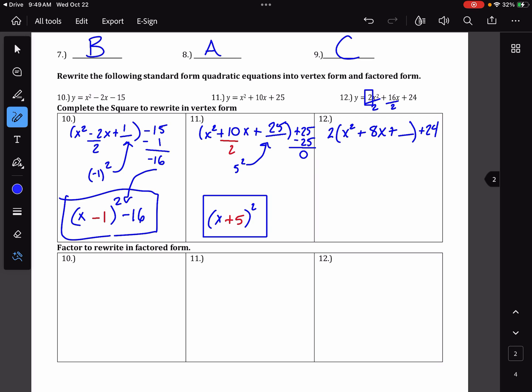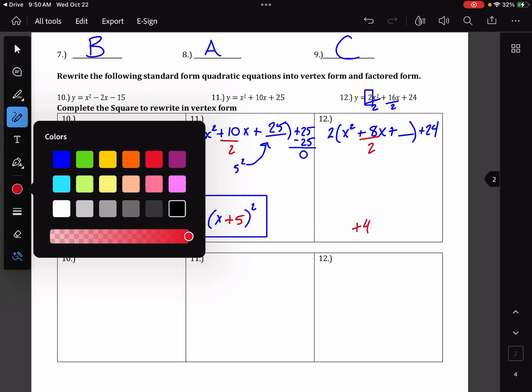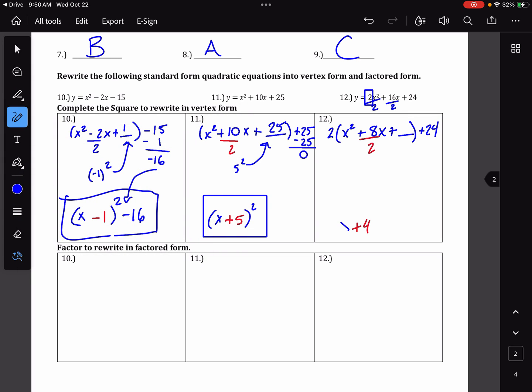From here, we'll follow our regular steps. Take your b term, divide it by 2. +8 divided by 2 is +4. Start building my vertex form around that. Don't forget to bring down that a term that goes out front. I'll take that 4 and square it. That gives me 16. That goes back in here.